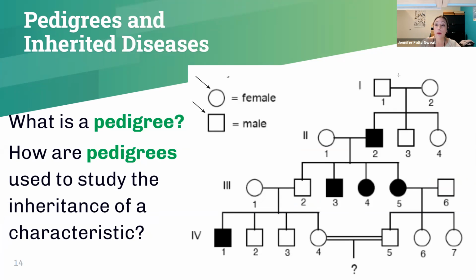When you're looking at the pedigree, if there is a line between a square and a circle, that means those two individuals reproduced. So here is the line going down, and these are their offspring.